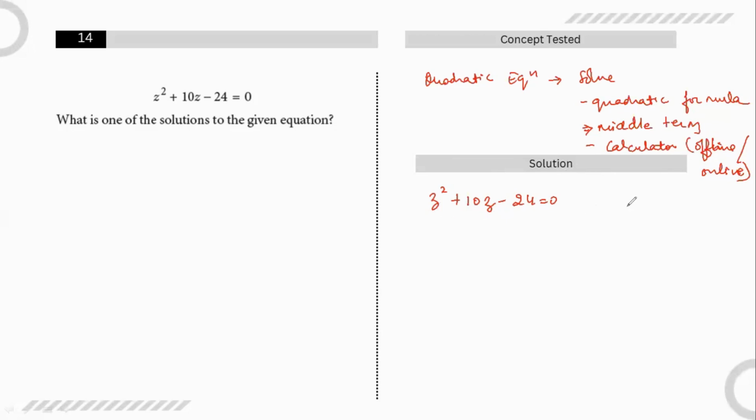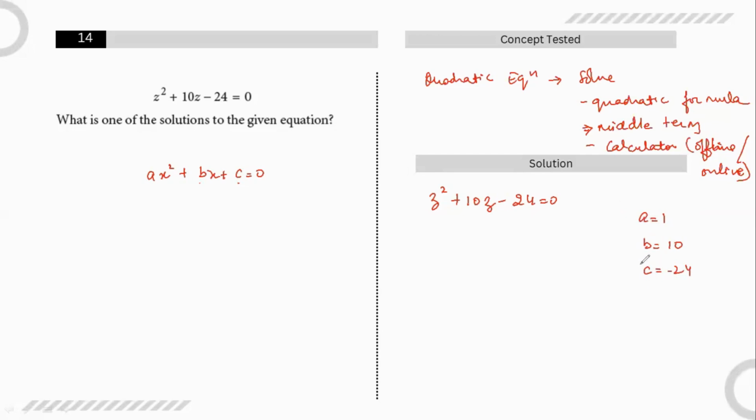Let's quickly understand the concept and how to approach it. Our general equation is ax squared plus bx plus c is equal to 0, right? a is the coefficient of x squared, b is the coefficient of x, c is the constant. So what is the value of a here? That is 1. What is the value of b? That is 10. What is the value of c? That is minus 24. Now you have written down a, b, c.